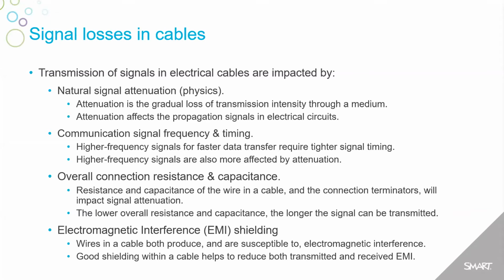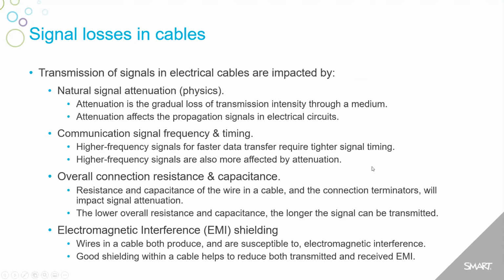Higher frequency signals are commonly used for faster data transfer. Higher frequency signals require tighter signal timing and are also more affected by signal attenuation. Low frequency signals, such as a 60 hertz or 50 hertz mains power signal, can travel much farther than high frequency signals in the megahertz or gigahertz range.